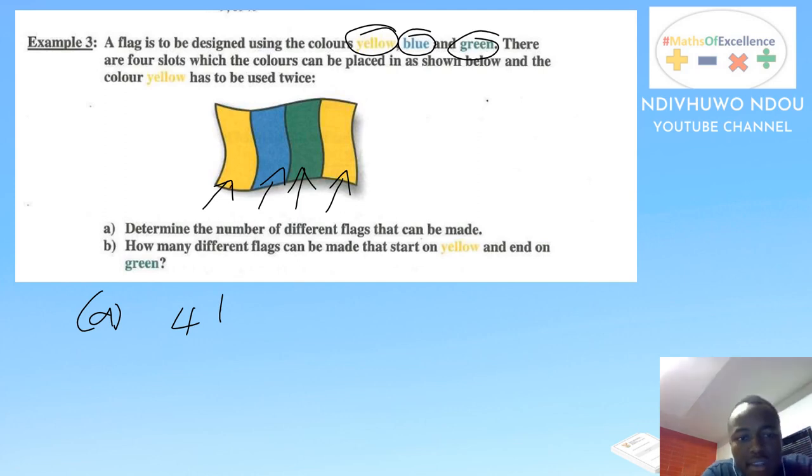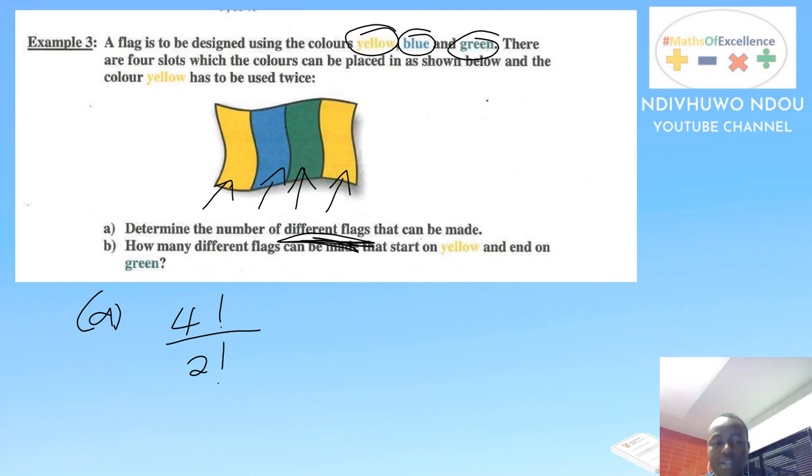But because the yellows are repeating, and we want to form different flags, we're just going to divide by 2 factorial, because yellow is repeating 2 times, to cancel out the effect of the repeating yellow, so that we may have different flags. So it's 4 factorial divided by 2 factorial. It's going to be 12 different flags that can be formed.